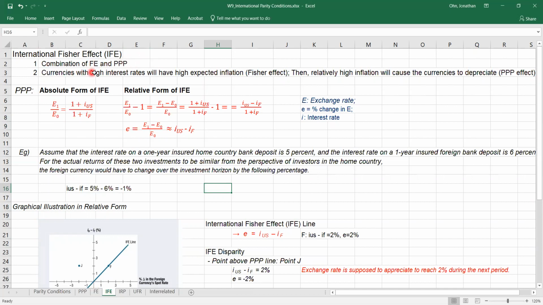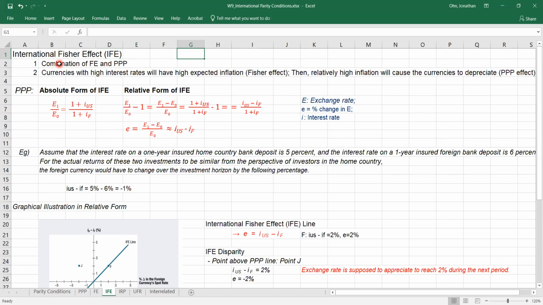The currencies with high interest rates will have high expected inflation. Then relatively high inflation will cause the currency to depreciate. This is again a combination of the Fisher effect and purchasing power parity, right? To explain the international Fisher effect, you should be careful.